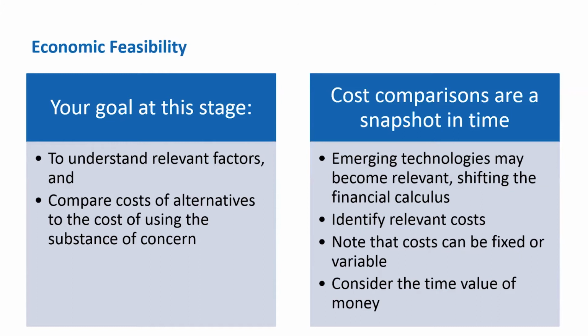In conducting an economic feasibility evaluation, it is important to understand that cost comparisons are snapshots in time. They may also be of limited relevance for emerging technologies, since learning curves, economies of scale, and other factors can reduce costs over time.